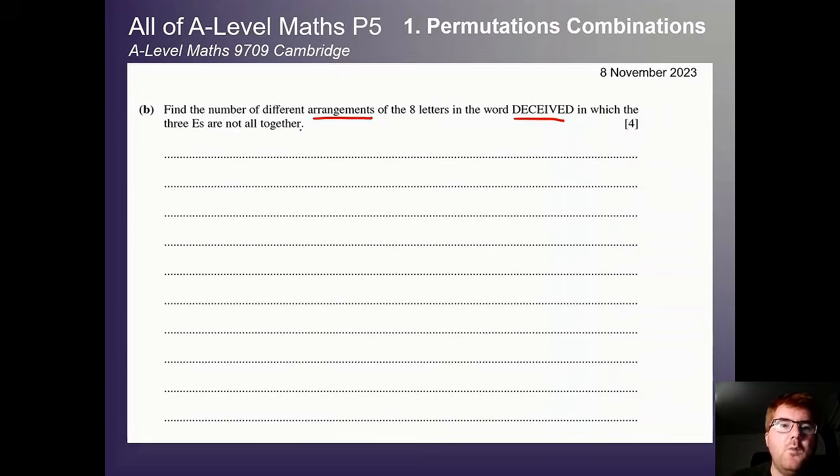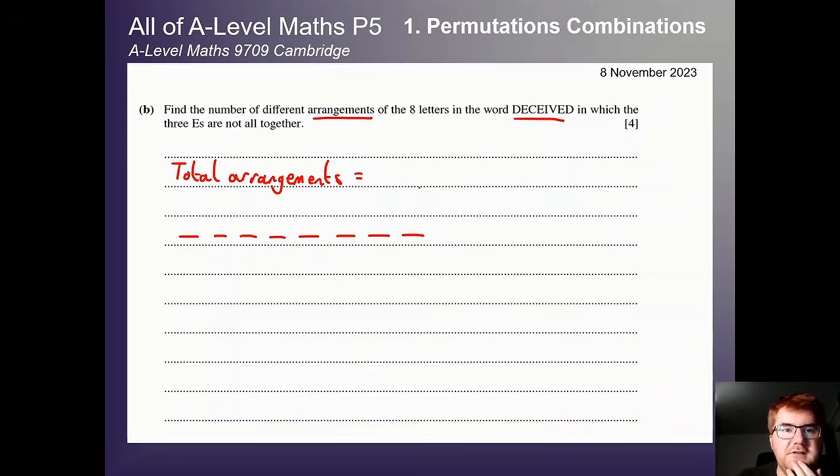So first of all, we want to work out the total amount of different arrangements. So this is how we start before we do anything. So the way that we work this out, if we actually pop in our slots here, so D, E, C, E, I, V, E, D. So we have those different slots here, and we want the 3 E's not all together.